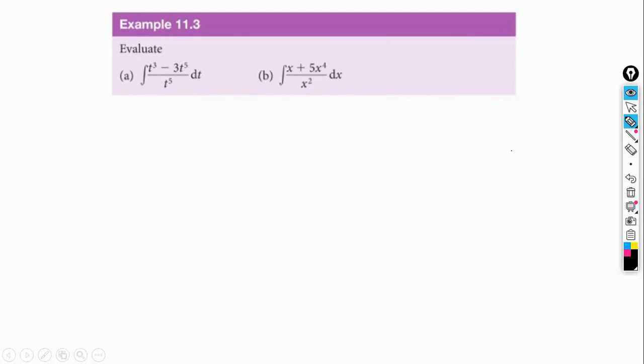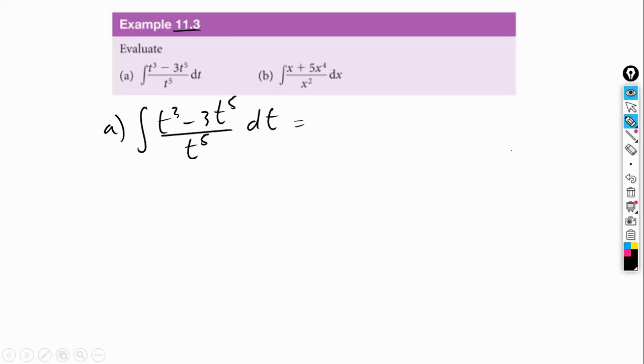Next we have example 11.3, and it says evaluate a, the integration of t cubed minus 3t to the 5 over t to the 5 dt. So this is a case where we can separate this into two different integrals, right?